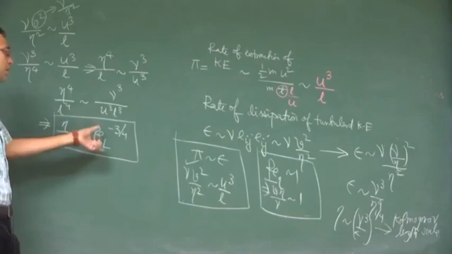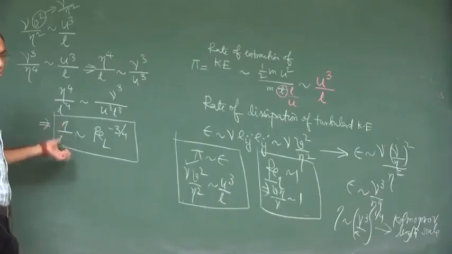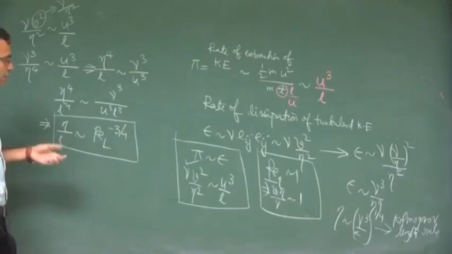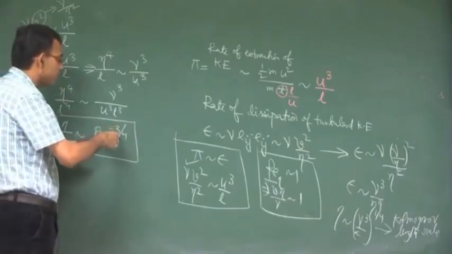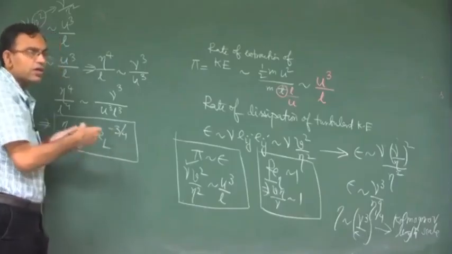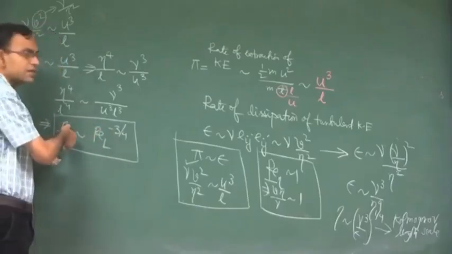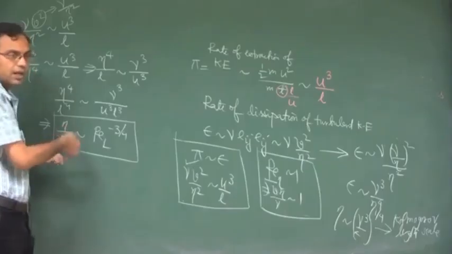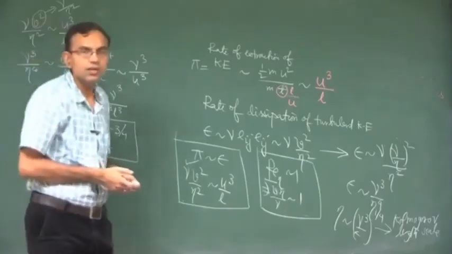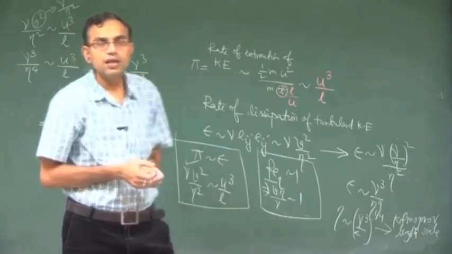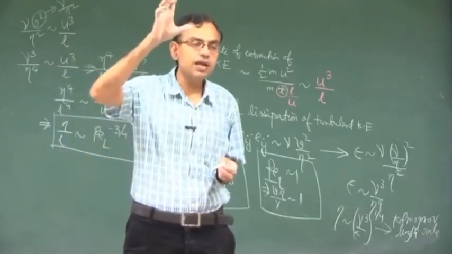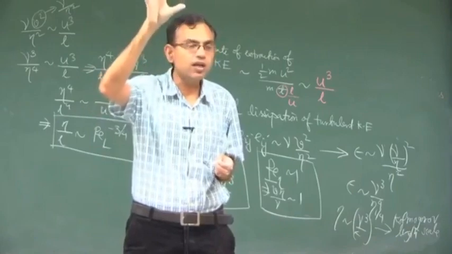So, if the Reynolds number is for example 10,000, you can calculate the ratio of these two by considering this order. Because it is Reynolds number to the power minus 3 by 4, there can be orders of difference between eta and L, at least 3 orders difference, 3 to 6 orders difference, that means you have a wide range of length scales because eta and L are not the only length scales.